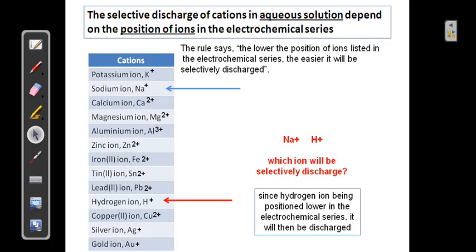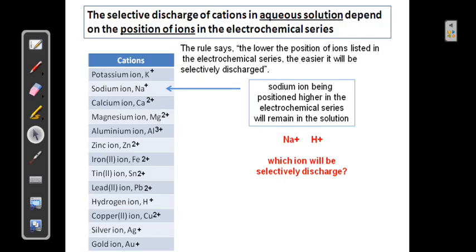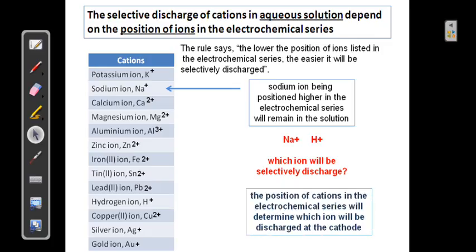Of course it is very much lower. So since the hydrogen ion is positioned lower in the electrochemical series, it will be discharged. Straightforward, right? So hydrogen will go off, and the sodium ion, being positioned higher in the electrochemical series, will remain in the solution. The position of cations in the electrochemical series will determine which ion will be discharged at the cathode.